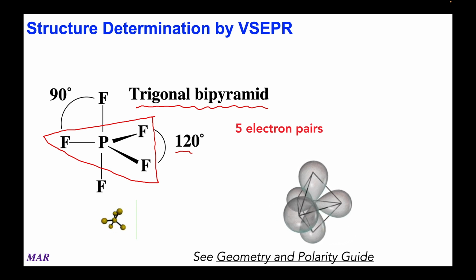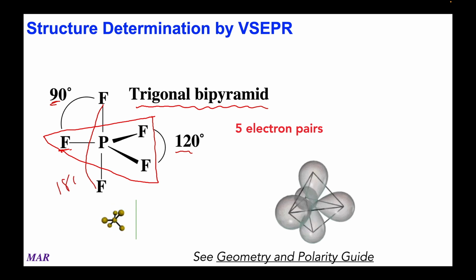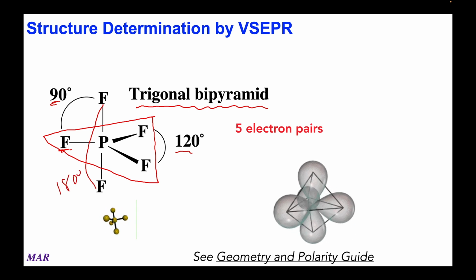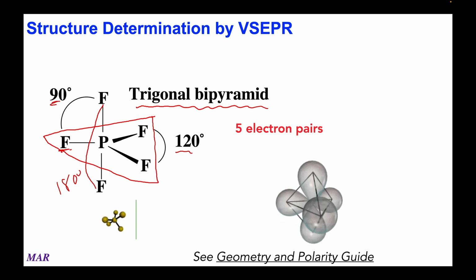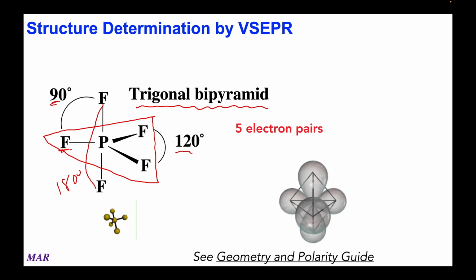And if you compare the top or the bottom fluorines to one of the plane ones, those are 90 degrees. But in reality, there's a third angle too, because the F angle that goes right up and down the middle, that's 180 degrees. So these are kind of wild. All right, you've got 3 angles to think about, 90 degrees, 120, and 180, and that'll be important for some stuff we're going to talk about here in a little bit.